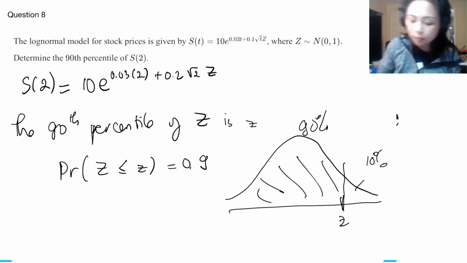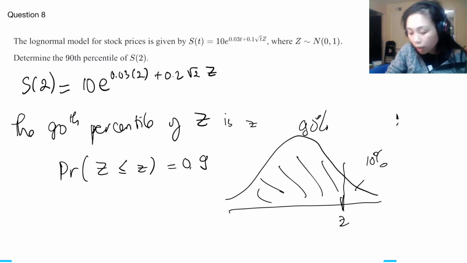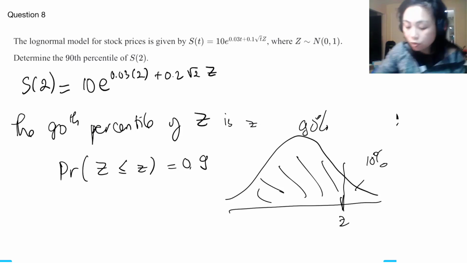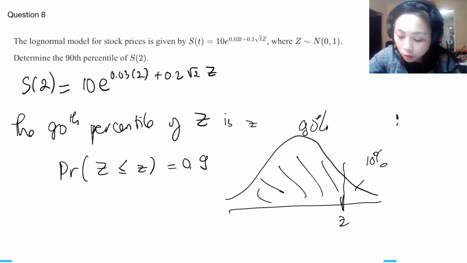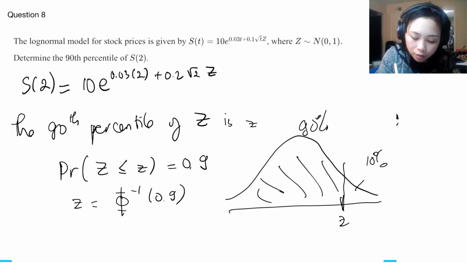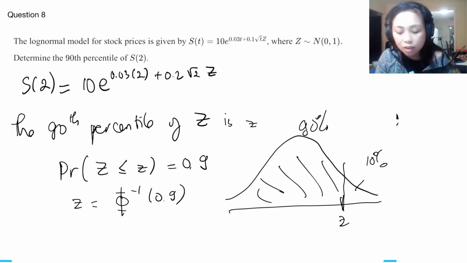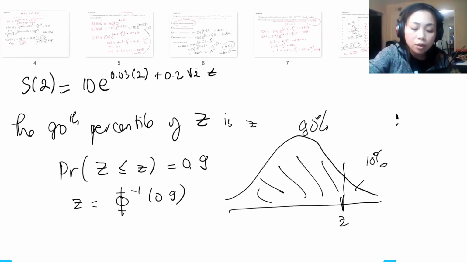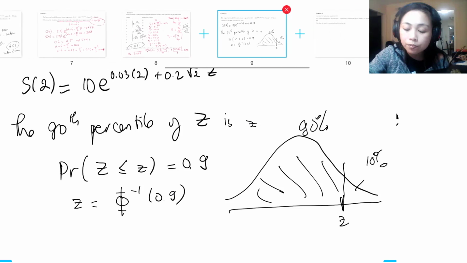So let's find 0.9. This is 0.9032. Let me see, this is 0.9015 and this is 0.89. Look at here. Let me mark it right here. You see the red color, I mark it here. Let me zoom up the table. Yeah, you see right here.